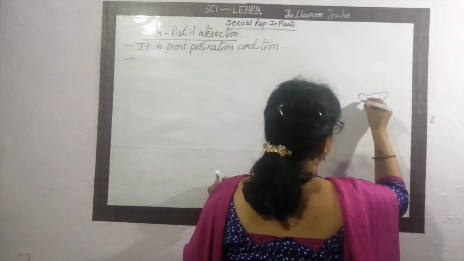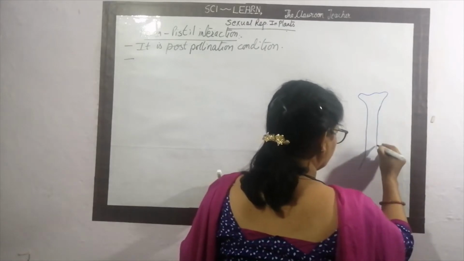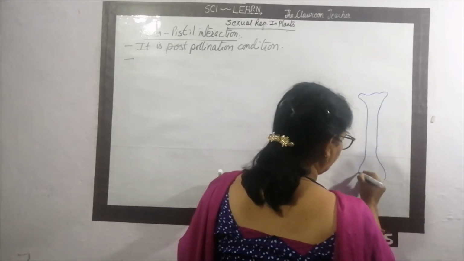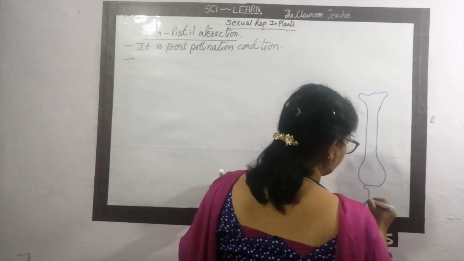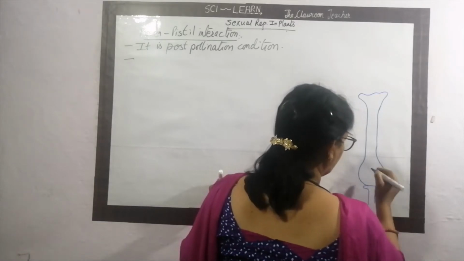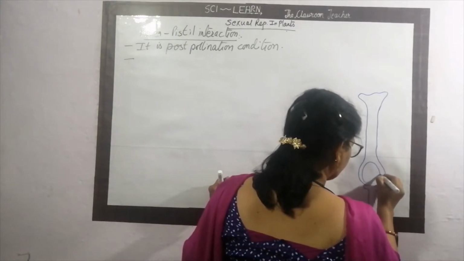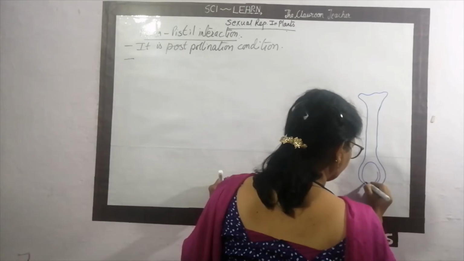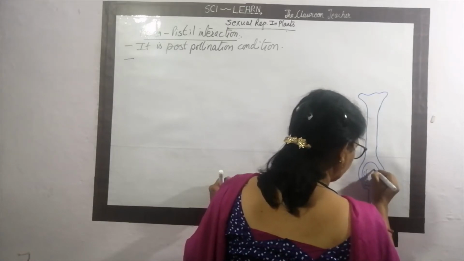This is the stigma, the style, and at the end of the style, the ovary is present. The ovary contains the ovule, and a double integument layer is there.